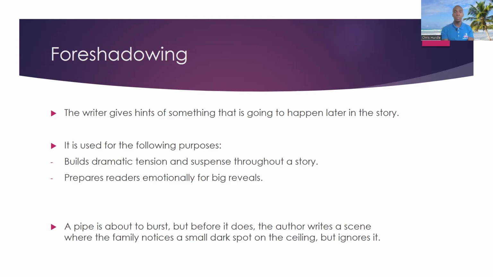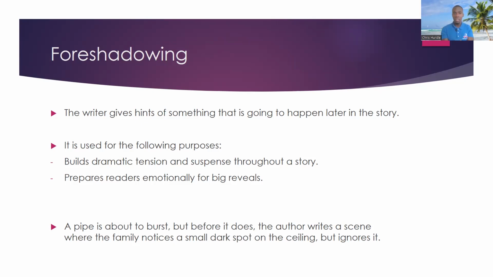So a pipe is about to burst, but before it does, the author writes a scene where the family notices a small dark spot on the ceiling but ignores it. Now you see that? With this technique, it is subtle. Notice that with the example, they didn't say it was obvious that something was going to happen.